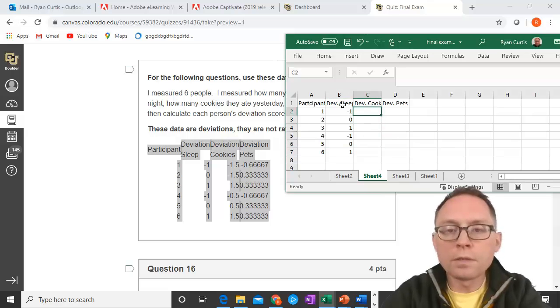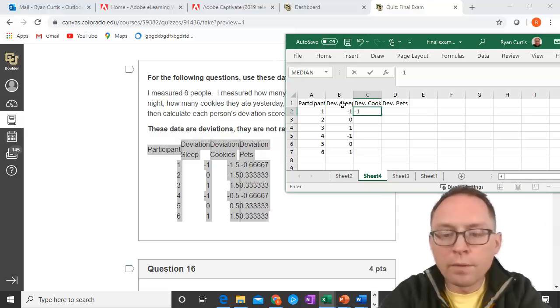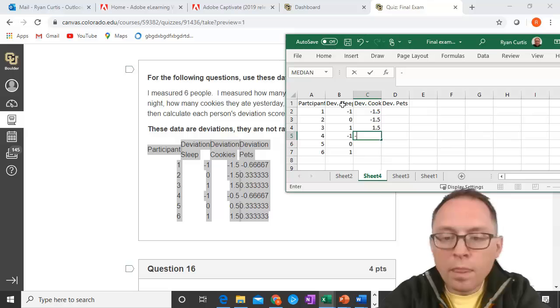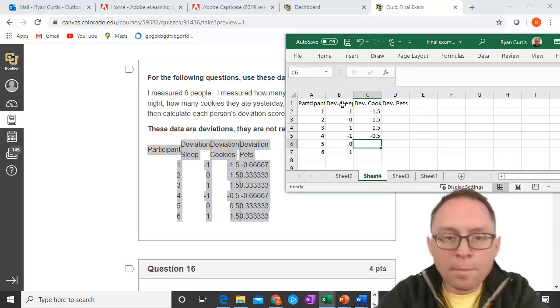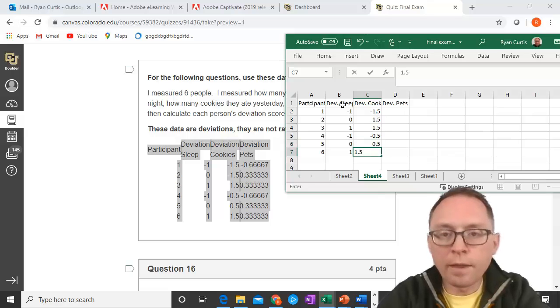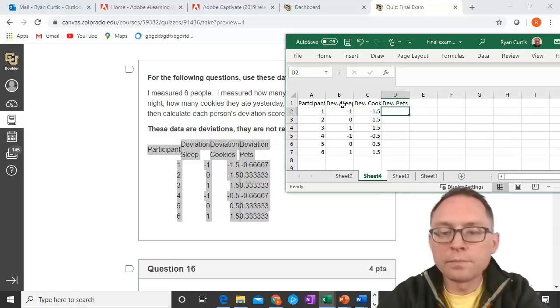And for cookies, -1.5, -1.5, 1.5, -0.5, 0.5, and 1.5. And then for pets, it's a little bit different.